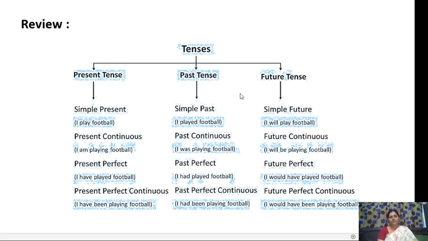That means if you are referring to an action which happened in the past, whether that action was in progress, or completed, or was in progress at a certain point of time, based on that we have to choose an appropriate form of the tense. Already we have discussed a lot of usages for each form of the tense. So based on those rules, we have to make use of these forms of tenses to express actions happening in different time periods.